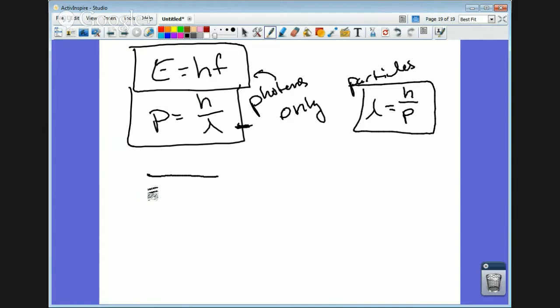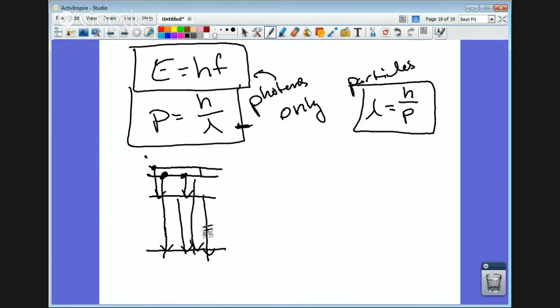So the drops can happen from any level to any level, right? So if you're starting here, you can jump all the way down. Or you could jump here first and then go here. Same goes if you started up here. I can go all the way down, or I could jump 2 and then 1, right? I could jump 1 and then 2. It's whatever, right? You can go any path you want. So they're going to go through all these paths. You're going to see all these different wavelengths of photons.